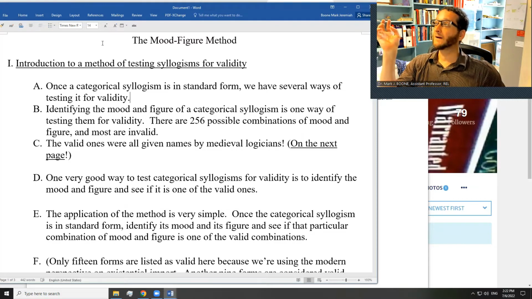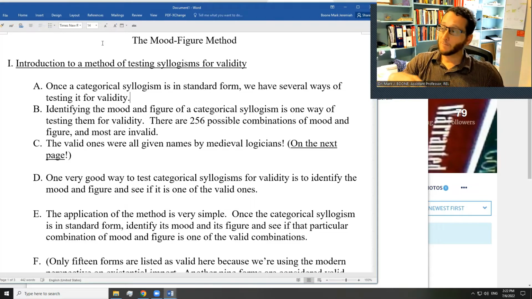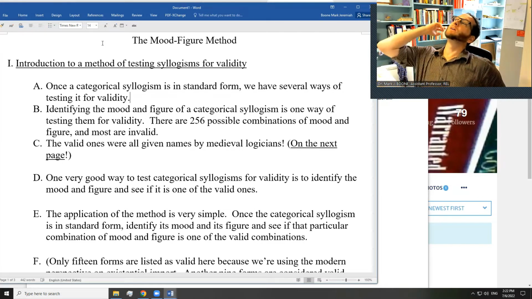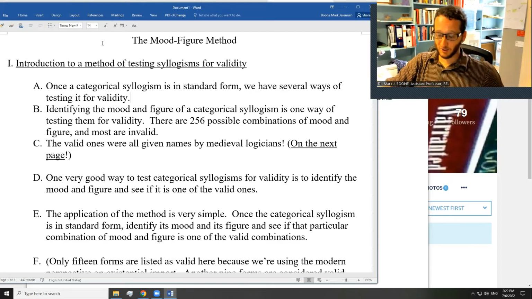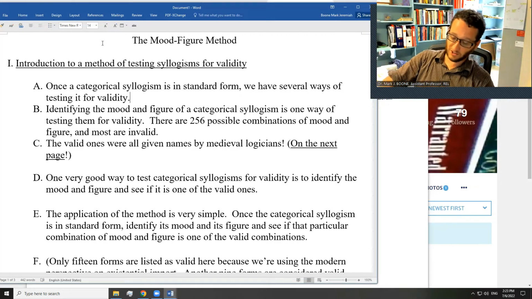Oh, and the premise that contains the minor term, being the first term appearing in the conclusion, is written second, minor premise second, major premise first, the major premise being the premise containing the major term, that being the second term of the conclusion.